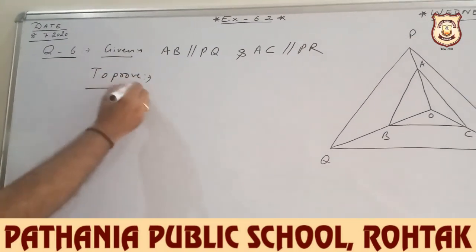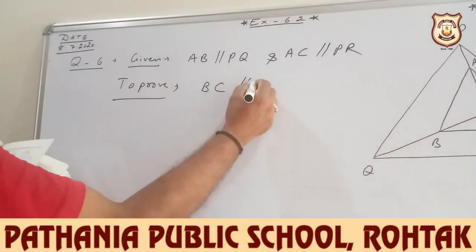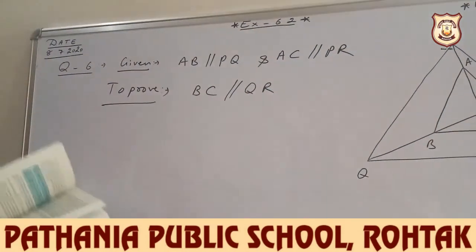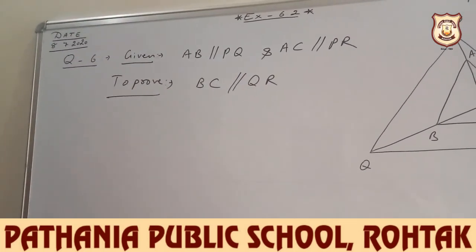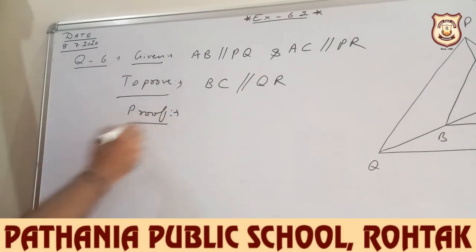And in to prove you can write BC is parallel to QR.